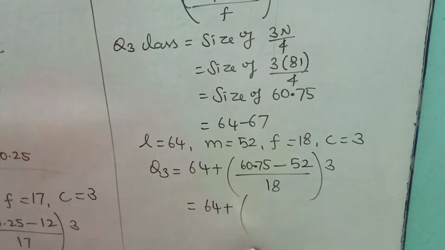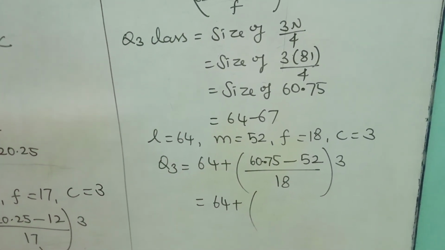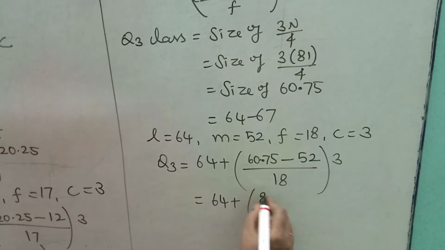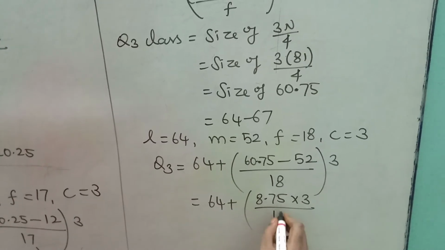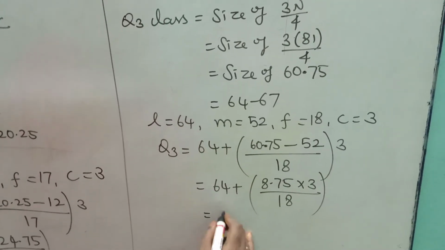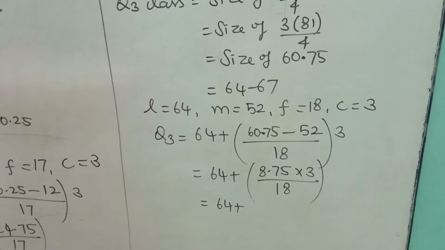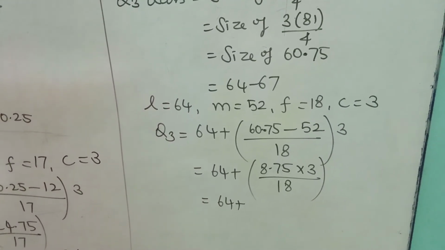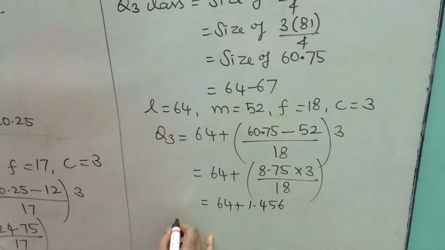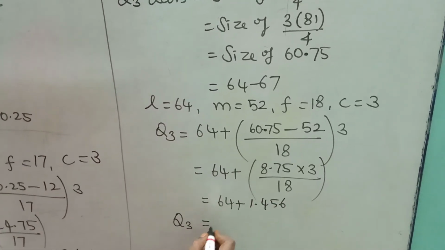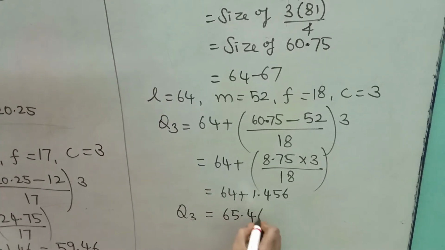Simplify the bracket term. 60.75 minus 52 will give 8.75, into 3 divided by 18. Simplifying, I get 1.456. Therefore, upper quartile Q3 is equal to 65.46.